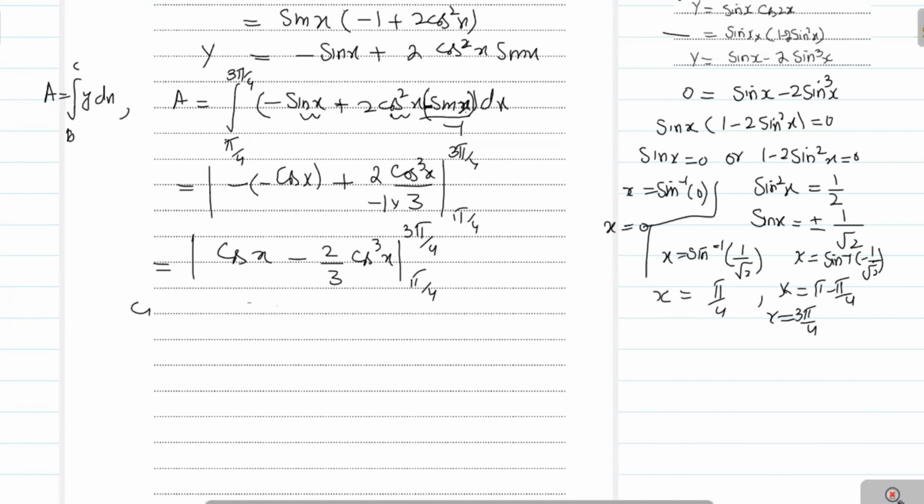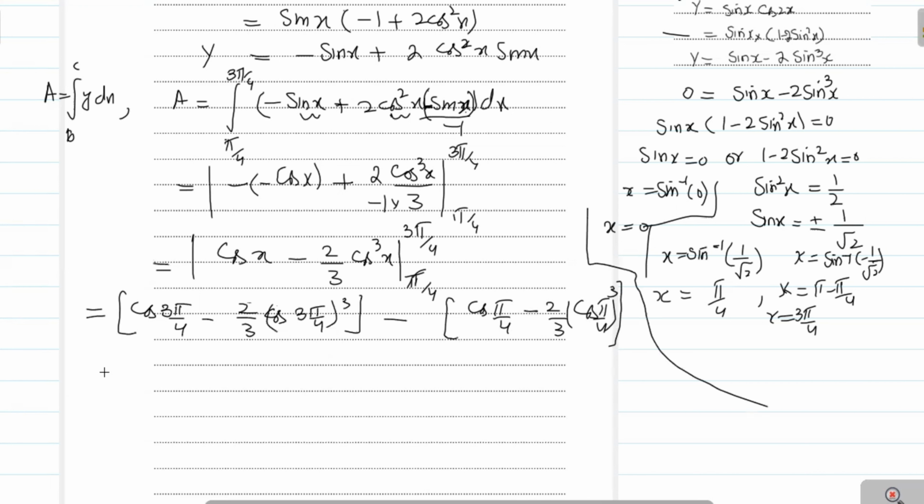Now we substitute the value of limits here. Now we can write cos 3 pi over 4 minus 2 over 3 cos 3 pi over 4 whole cube, minus, and we put the lower limit value in this equation: cos pi over 4 minus 2 over 3 cos pi over 4 whole cube.